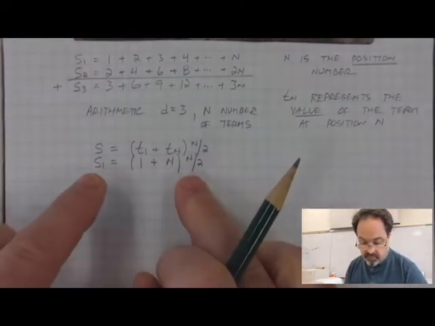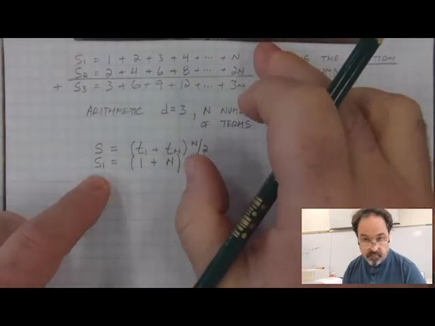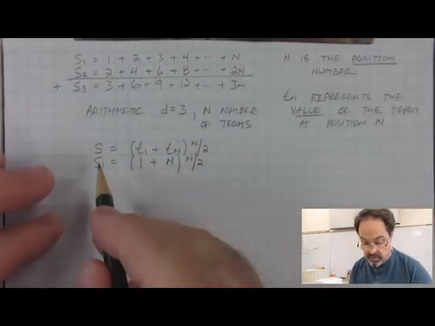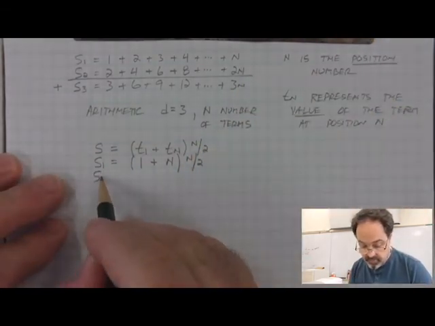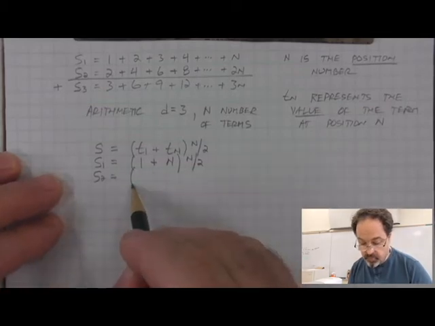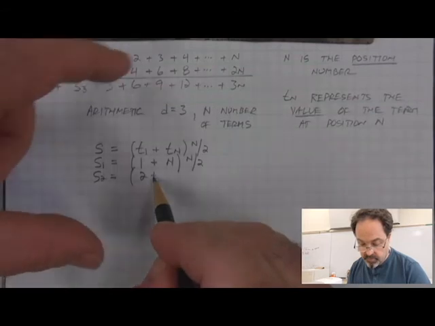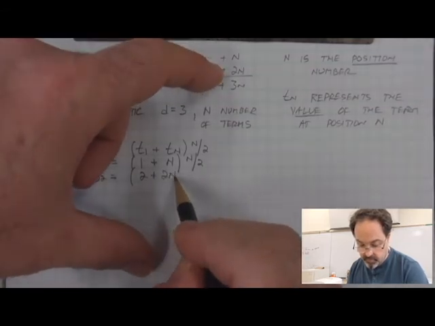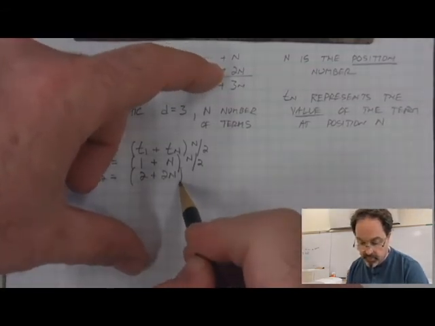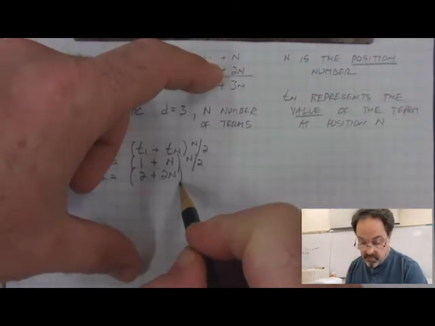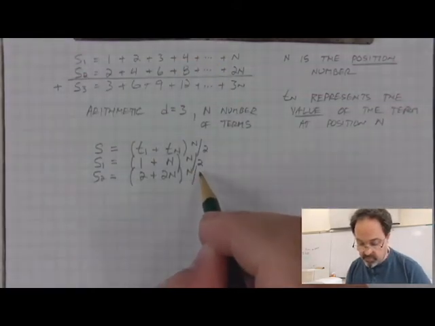This expression stands for the sum of the first series. The second series, using the formula, is the first term 2 plus the last term 2n, which we don't have a value for, but we can still express it this way, times n divided by 2.